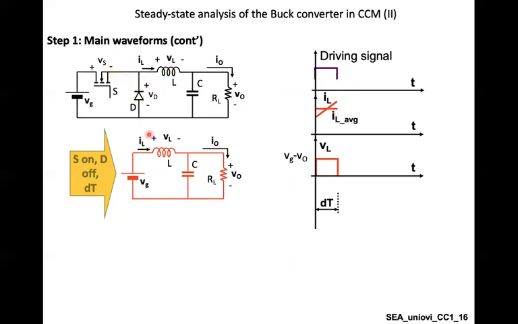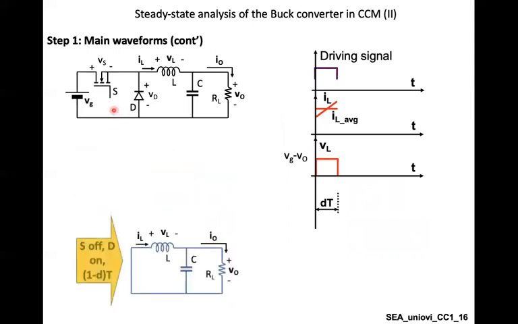The voltage in the inductor, again, you know that by doing a KVL, if you consider this as a loop, so this is VG equals VL plus V output. So simply VL equals VG minus V output, which is this voltage. Very simple.